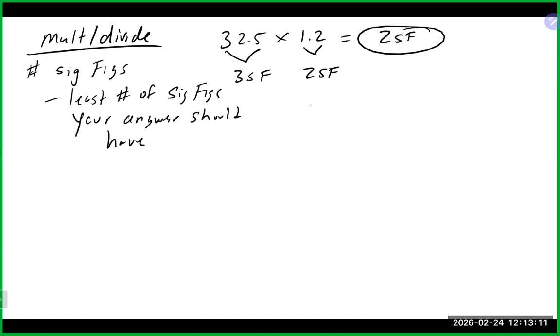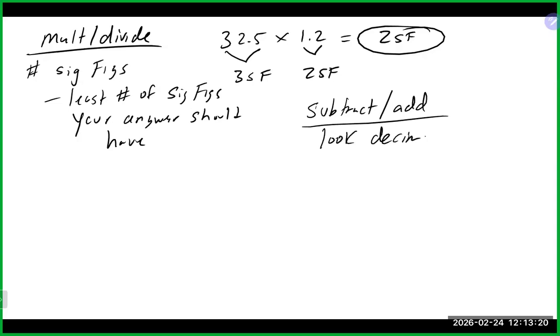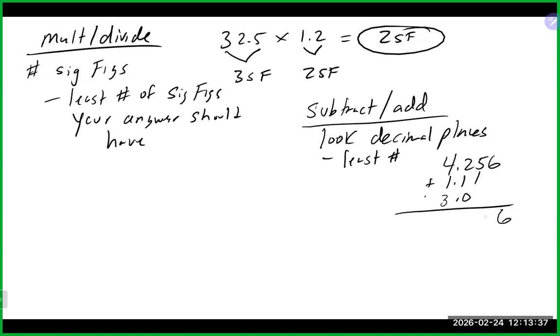When we subtract or add, we look at decimal places, and it is the least number of decimal places. So if I was adding 4.256 plus 1.11 plus 3.0, we'll try without the calculator, 8.366, right?